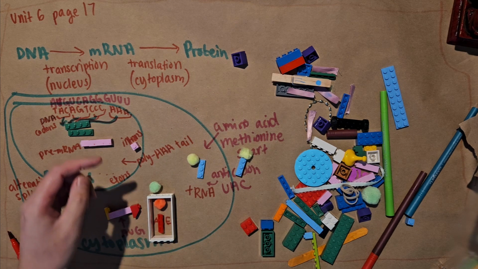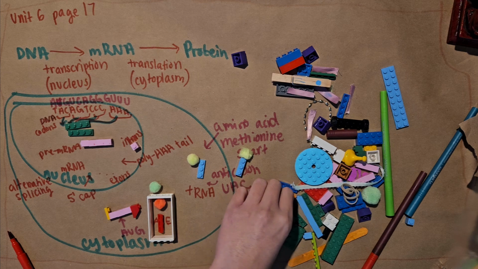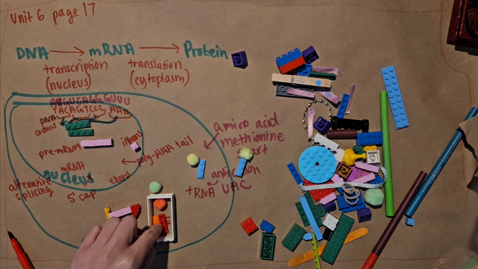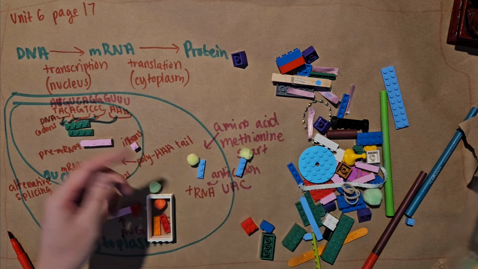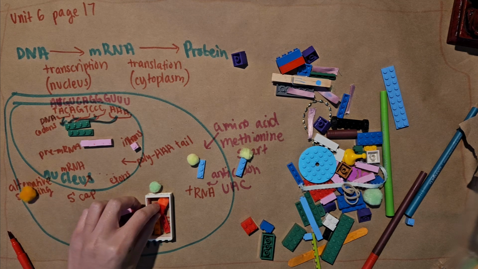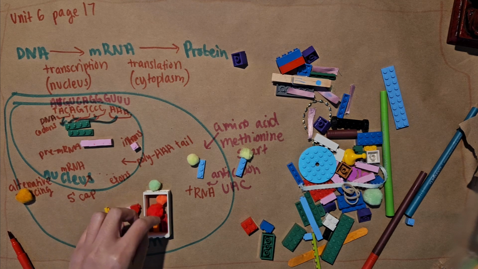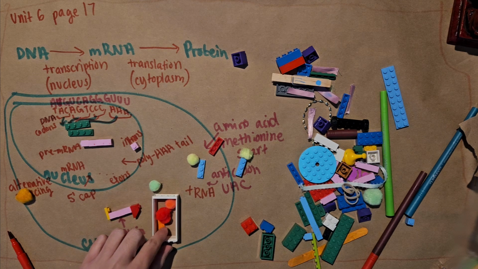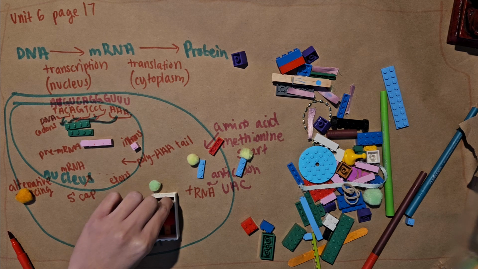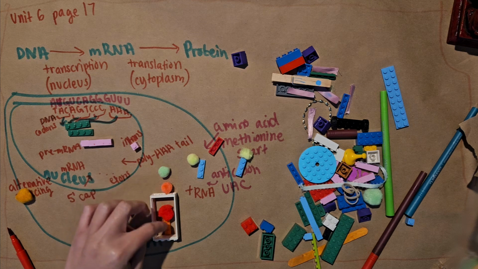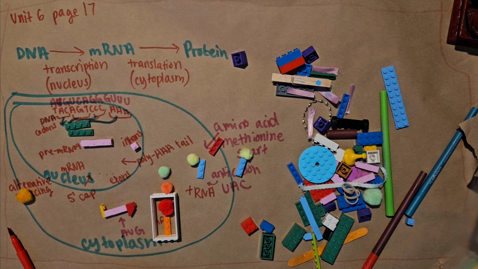And then let's say that another amino acid comes down, there we go, and brings down another amino acid. Then this moves down, this red one goes away, and then the code will keep moving down. And then boom, the strand just keeps getting longer and longer.